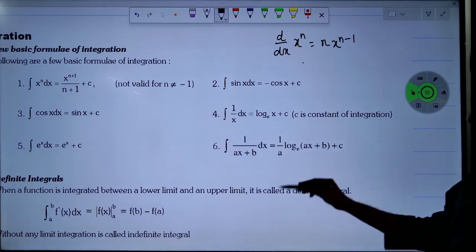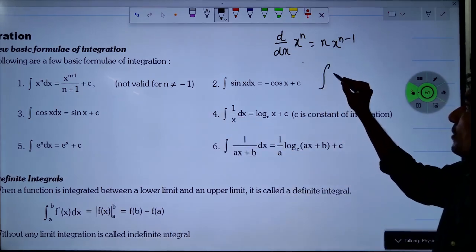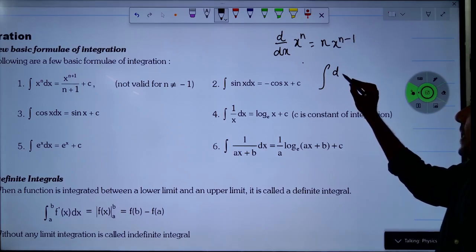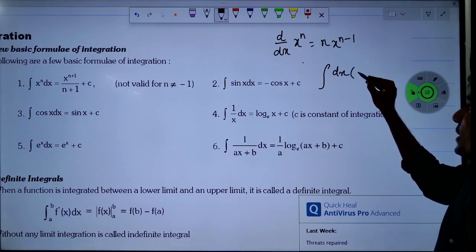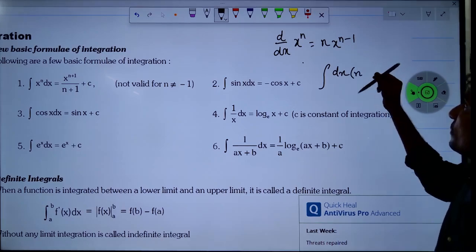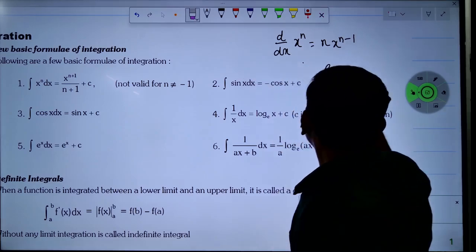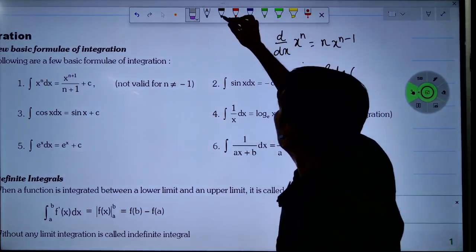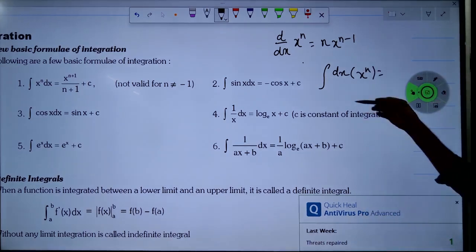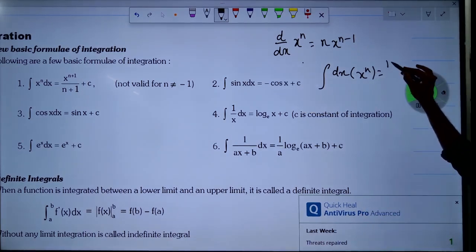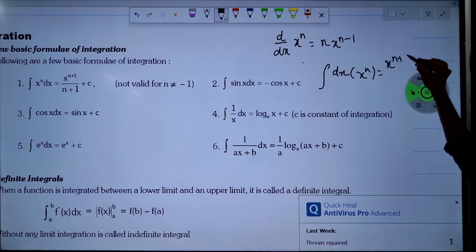This time, the integral of x power n dx is equal to, as you can see, x power n plus 1 divided by n plus 1.